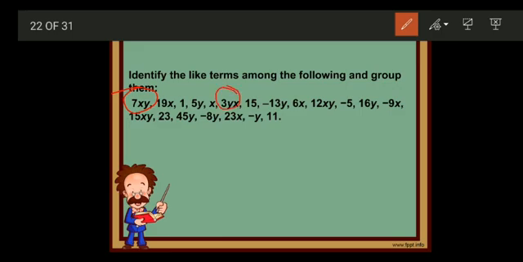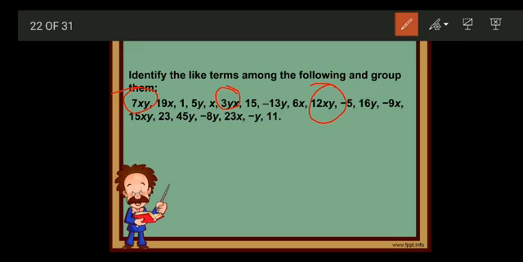So we'll see 19x, 1, 5y, x, 3yx. Right. xy is equal to yx. So 7xy and 3yx have the same variable factor. Any other like terms for this one? So 12xy. We are looking for a term having xy factors.